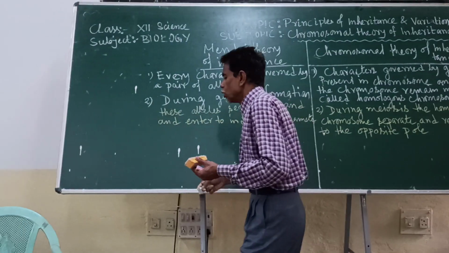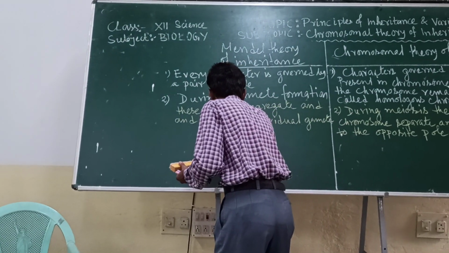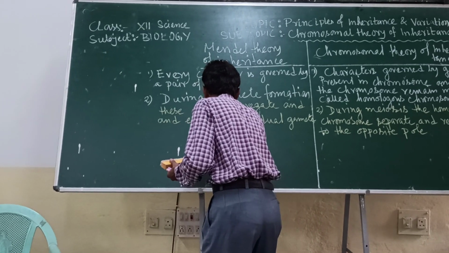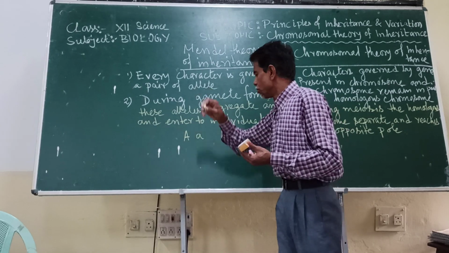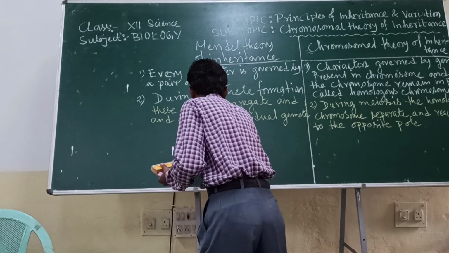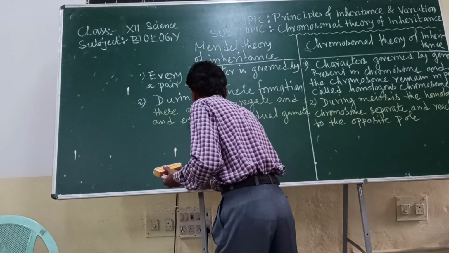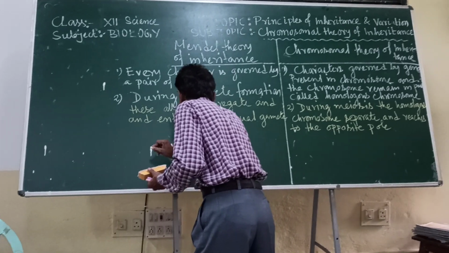So as per Mendel, suppose factors A and A, a pair of alleles, during gamete formation enter individual gametes.